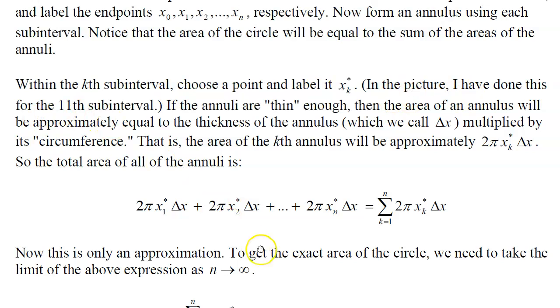In the picture, I've done this for the 11th subinterval, so if you count it out, that was the 11th one that we looked at. And if the annuli are thin enough, then the area of the annulus will be approximately equal to the thickness of the annulus, which we'll call delta x, multiplied by its circumference. So that is the area of the kth annulus will be approximately 2 pi xk star, okay, 2 pi r, but the r was xk star, times delta x.